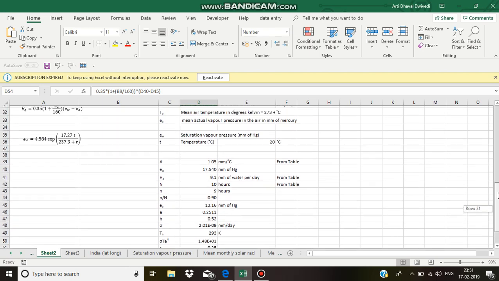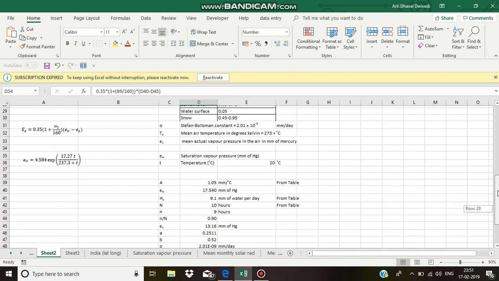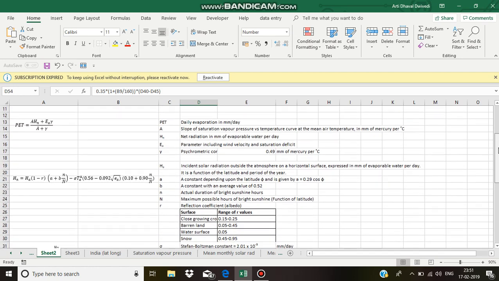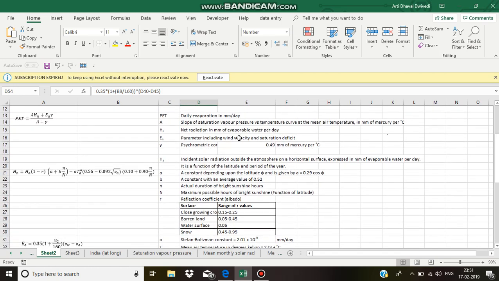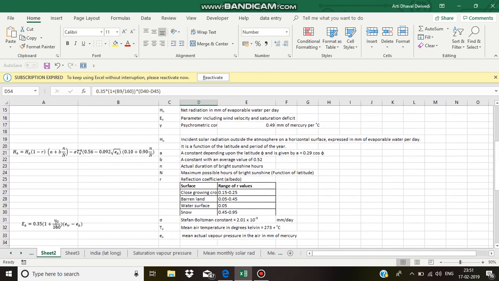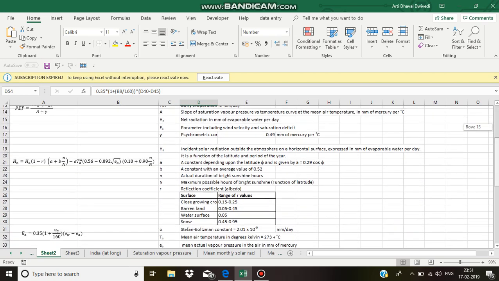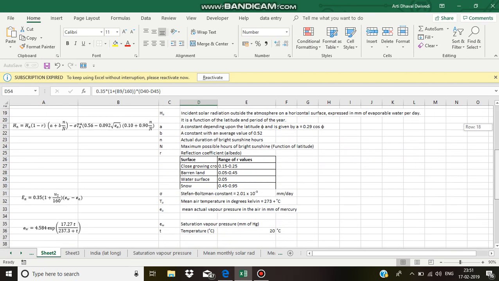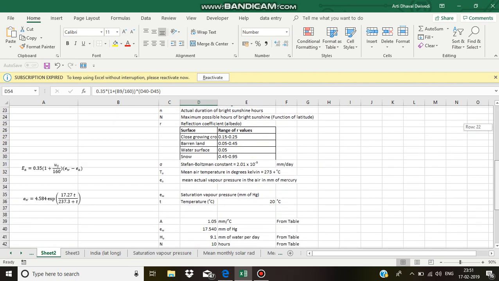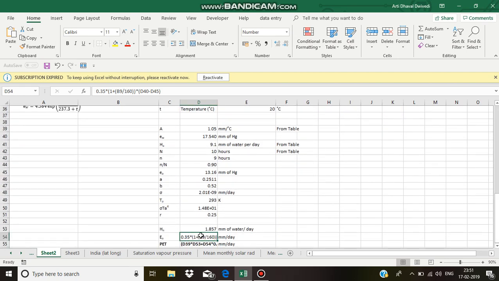Now we will calculate EA. EA is the parameter including wind velocity and saturation deficit. 0.351 plus U2 by 160. U2 is the wind velocity at 2 meter height. It is given as 80 kilometers per day, into EW minus EA, saturation vapor pressure minus actual vapor pressure.